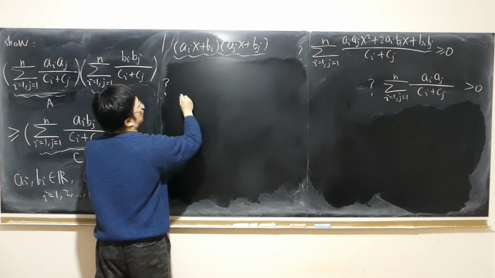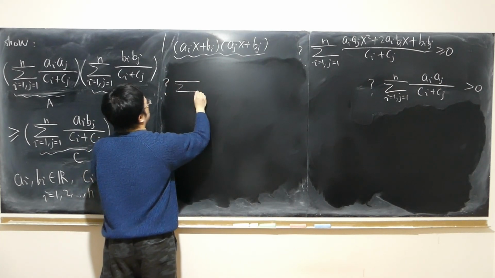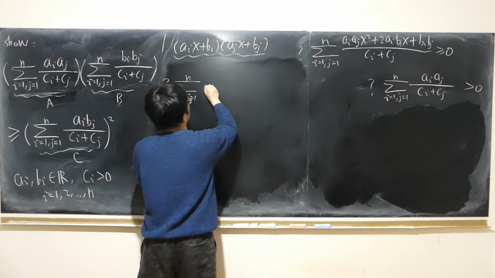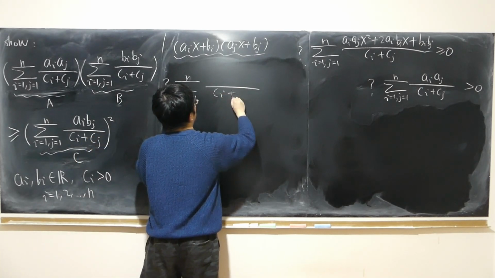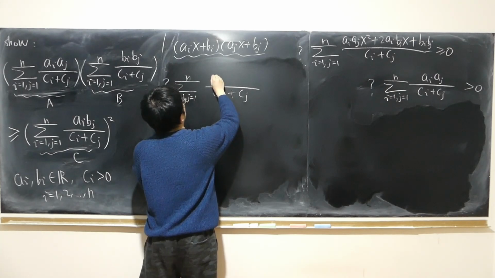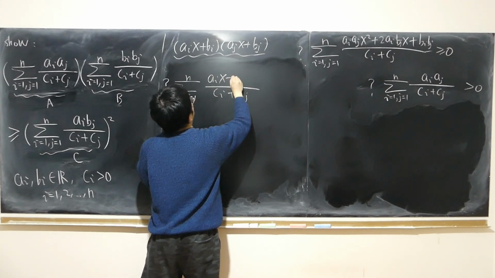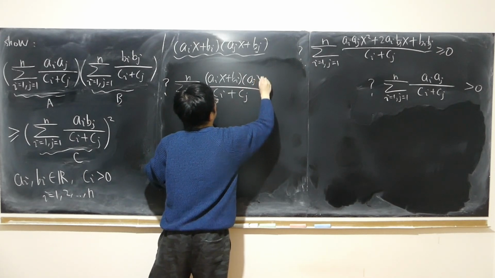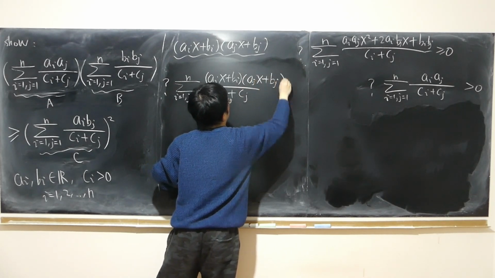So in the end, can we prove this double sum is always non-negative? 1 over ci plus cj, times ai x plus bi, times aj x plus bj.